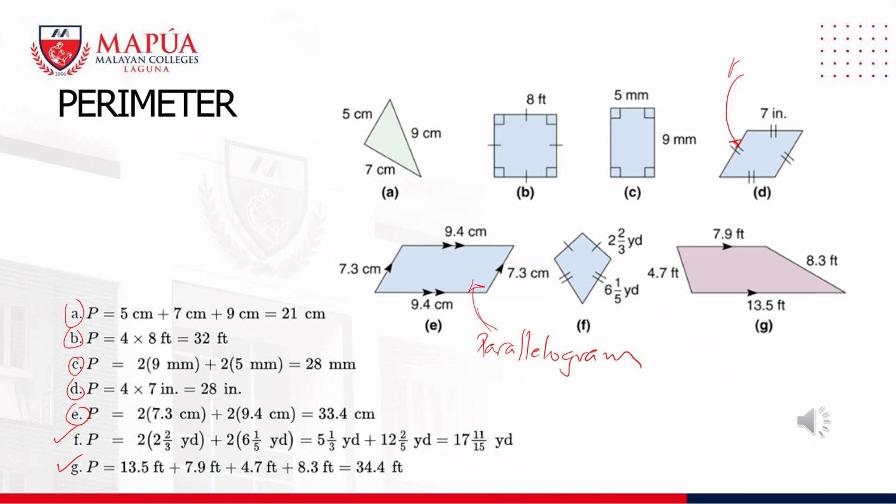These are slanted, but they're given the same measure. So you just multiply it by 4. So D, this is D. Okay, problem D. So the perimeter is just 4 times 7. So this is the rhombus, this is a parallelogram.